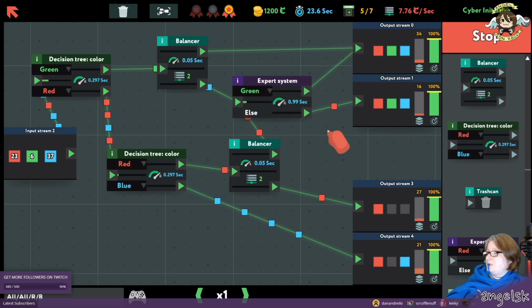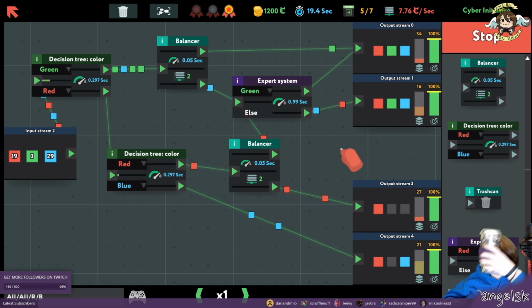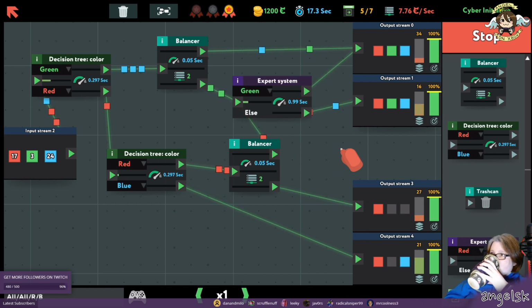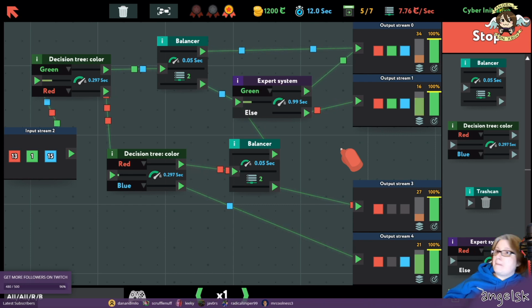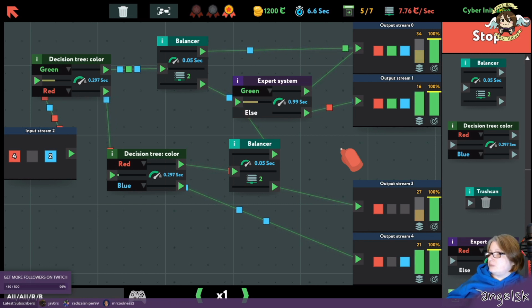Hopefully that slows both of those down. I've filtered it the wrong way. I want to send red up.